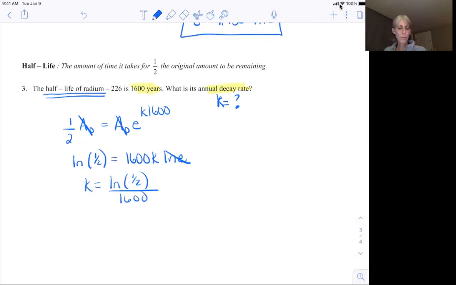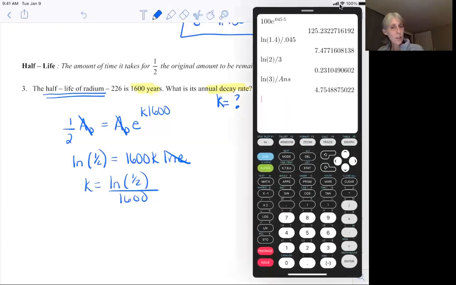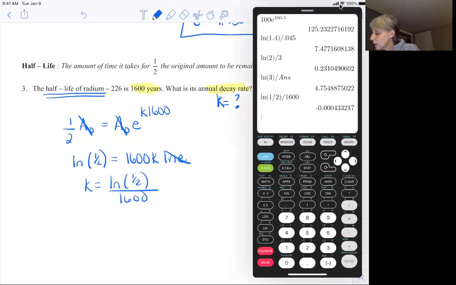You could write 0.5 if you want. That's no big deal. I want to do this on the actual calculator here. So I have ln of 1/2 divided by 1,600, and I get negative 0.000433217.